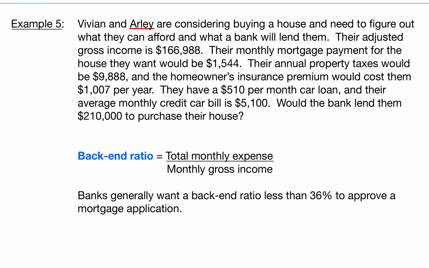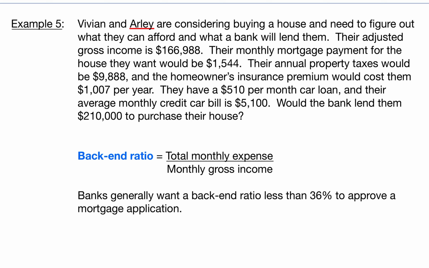Okay, so this couple are considering buying a house, and they need to figure out what they can afford and what a bank will lend them. We're told that their adjusted gross income is $166,988. Their monthly mortgage payment for the house they want would be $1,544. Their annual property tax would be $9,888.